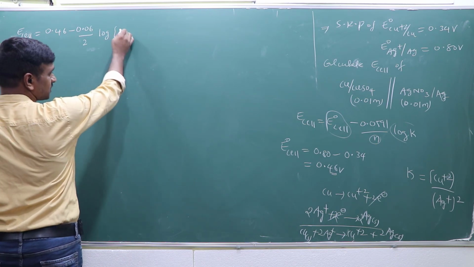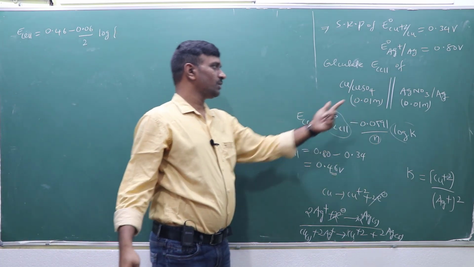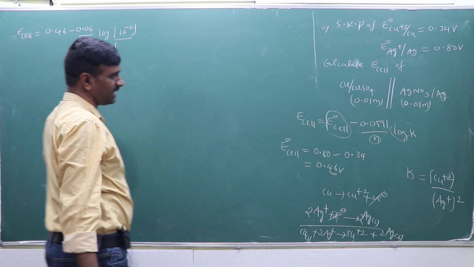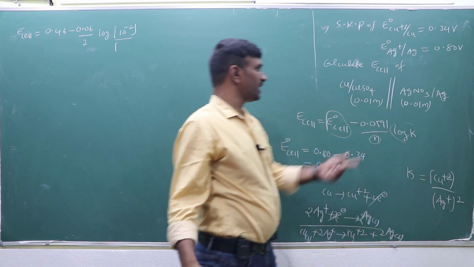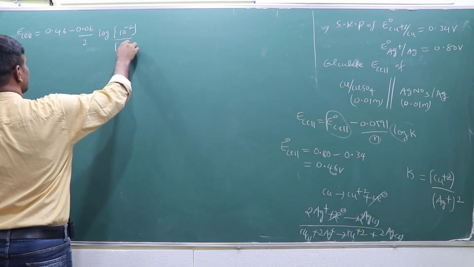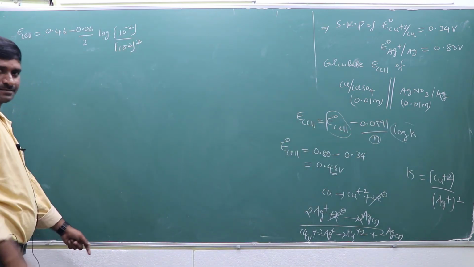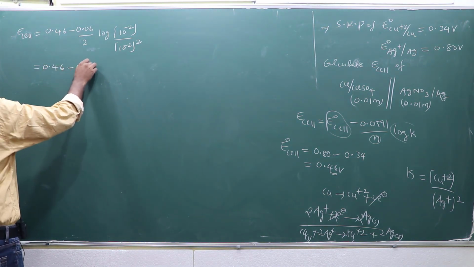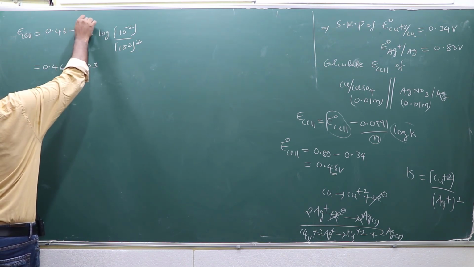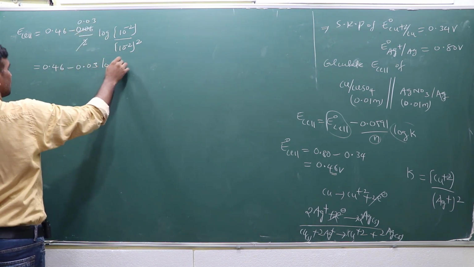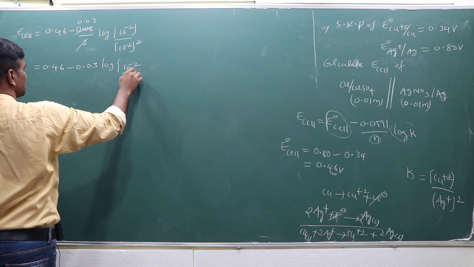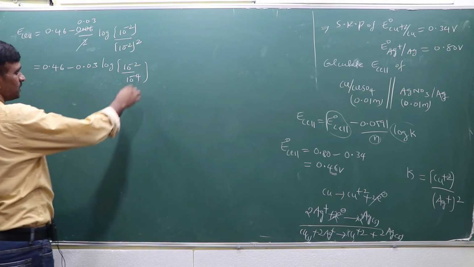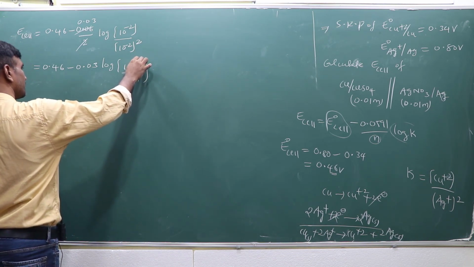So Cu 2 plus concentration is how much? 0.01, that means 10 to the power of minus 2. And Ag plus concentration is also given as 0.01, 10 to the power of minus 2, but with 2 equivalents. So based on that, 0.46 minus 0.03 log of 10 to the power of minus 2 by 10 to the power of minus 4.